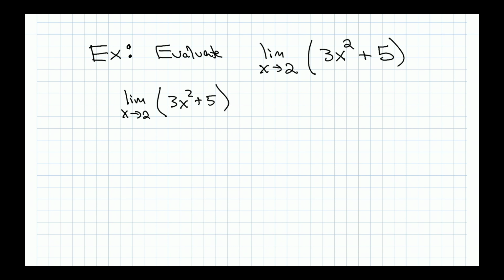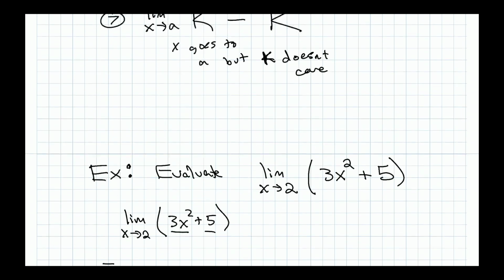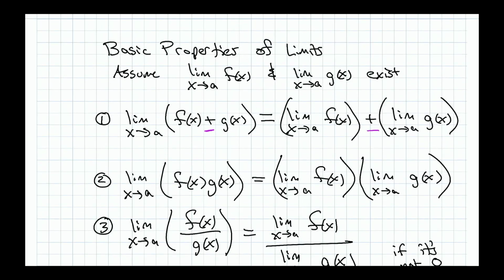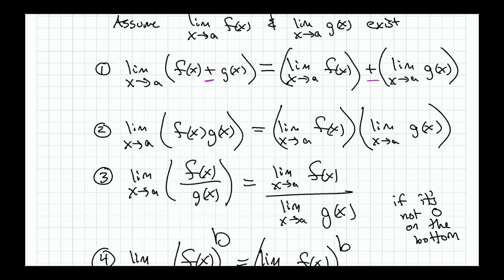I'm going to cite the rules. Normally I wouldn't bother, but this is our first time. So I'm trying to evaluate the limit of 3x squared plus 5. Those are two separate terms being added together. What does Rule 1 say? Rule 1 says if we're taking the limit of an f plus a g, we can do the limits on each function separately.